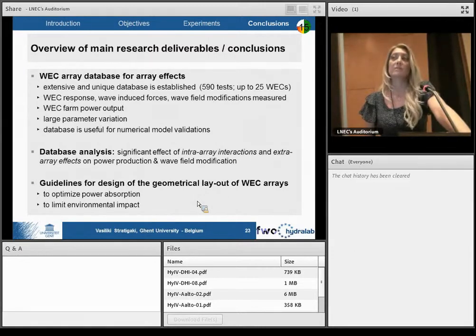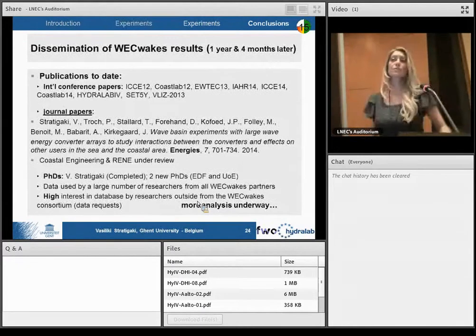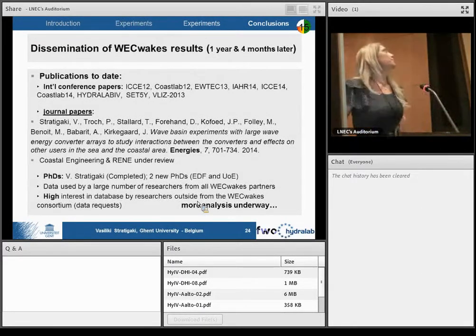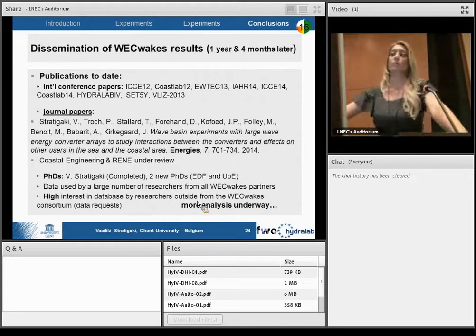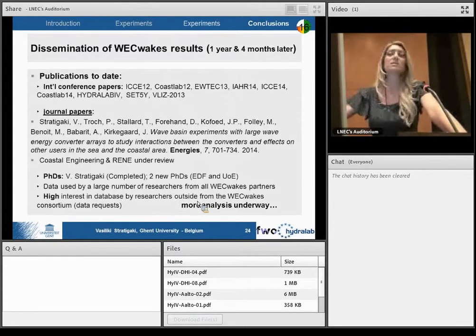This data has supported PhDs, my PhD, and 2 new PhDs from students from EDF and the University of Edinburgh. And these data are used by a large number of researchers from all WECwakes partners. Also, finally, there is a high interest in the database by researchers outside from our consortium.